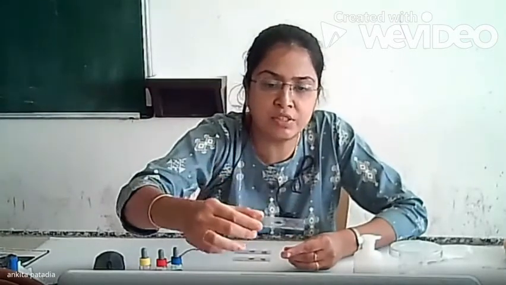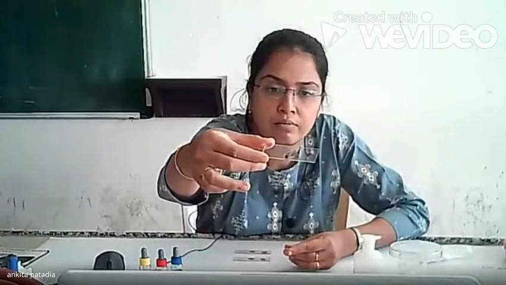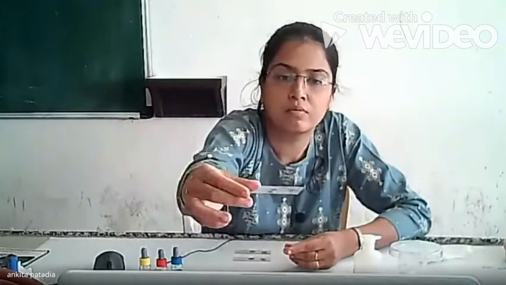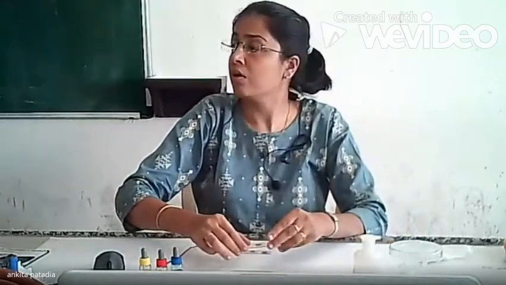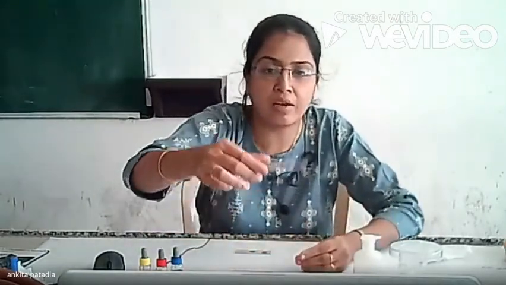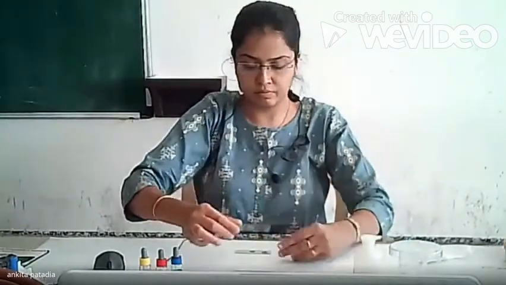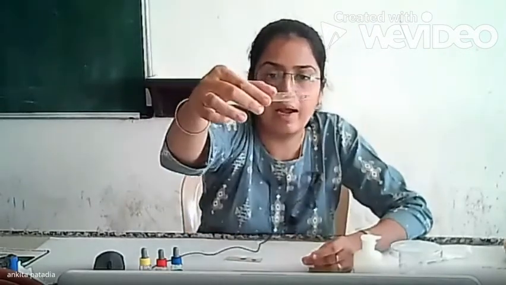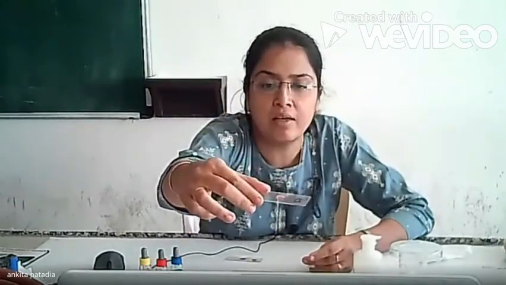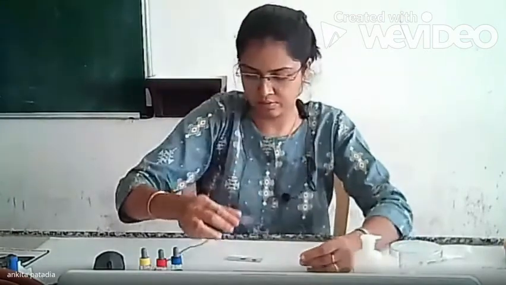See, results are there. The clumping is not there with antisera A. Here we can see that clumps are there in the B. And antisera D is also showing clumps.